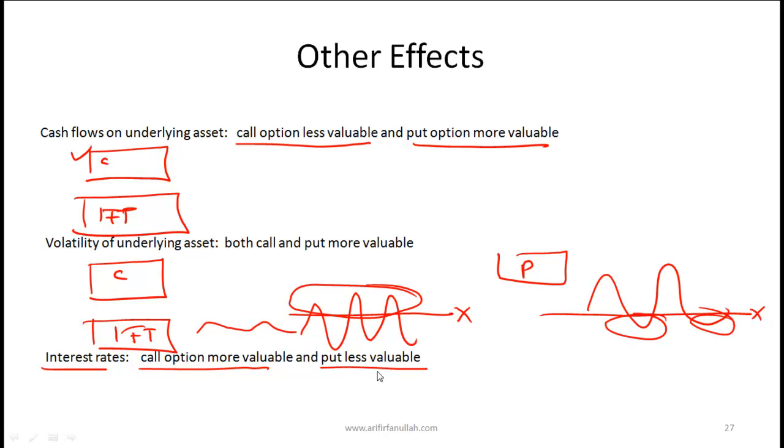If you insist on understanding the logic, one simple way of looking at this is as follows. If interest rates go up, then let's say you believe that IFT stocks are going to do well.